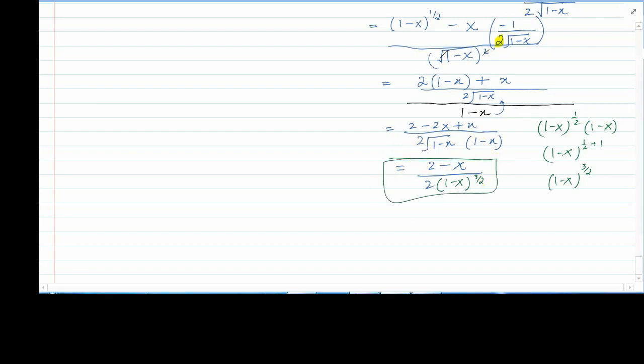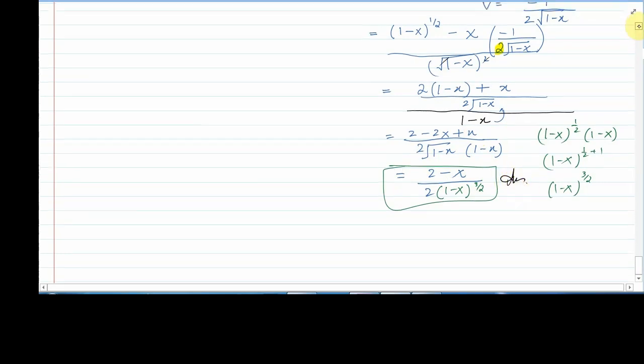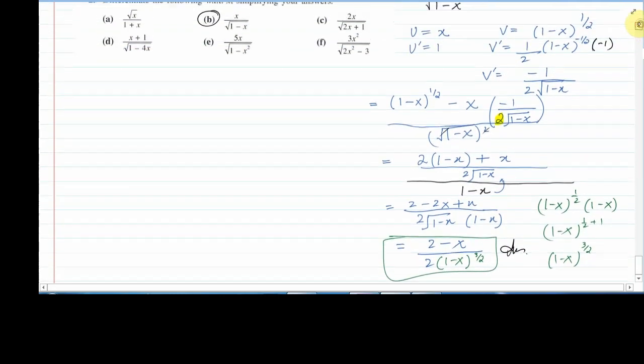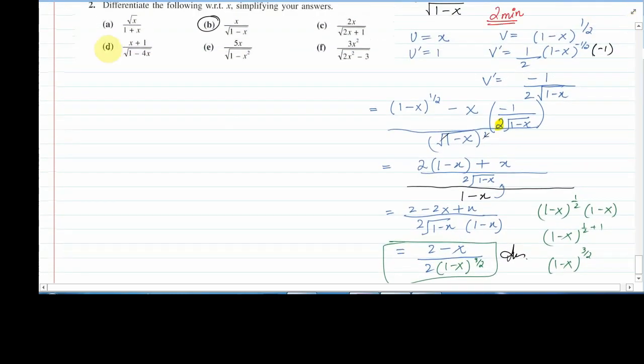I hope that it is clear to you, and the concept, the working formula, the steps are almost same. The only difference we have in this question is the under root sign. Moving on to the next one, it's part D, and it says x plus 1 divided by under root 1 minus 4x. So first thing, we need to assign u and v. So u is what?